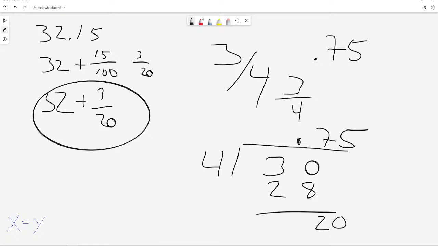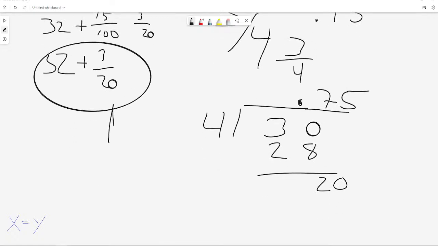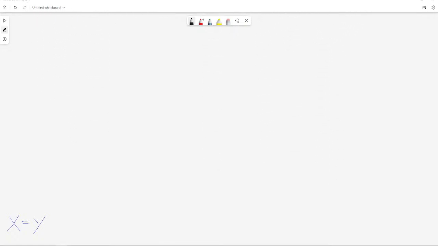Okay, now we want to write as a decimal 2 5/6. So let's scroll up here. I wonder if I have an infinite scroll now. That'd be great.